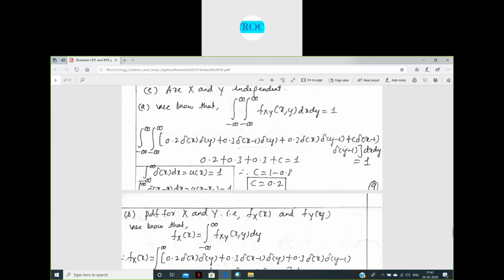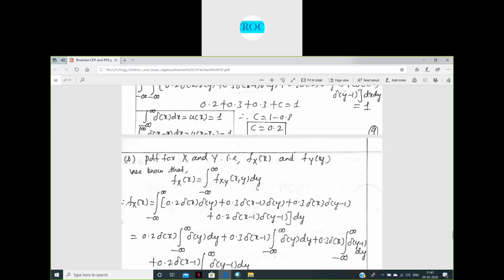Similarly, from the third term we get 0.3, and for the fourth term we get c. So 0.2 plus 0.3 plus 0.3 is 0.8, plus c is equal to 1. Therefore, c is equal to 1 minus 0.8, so c is equal to 0.2.